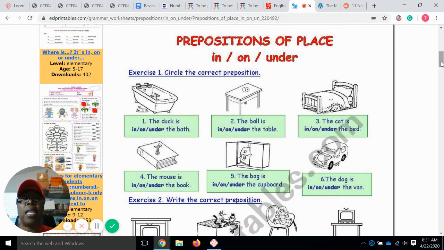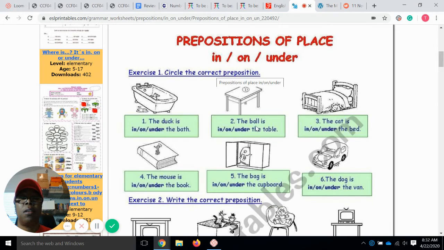Now, the thing with in, on, and under is they're called prepositions of place, and they answer a specific question. And what is that question they answer? The question they answer is, where is?